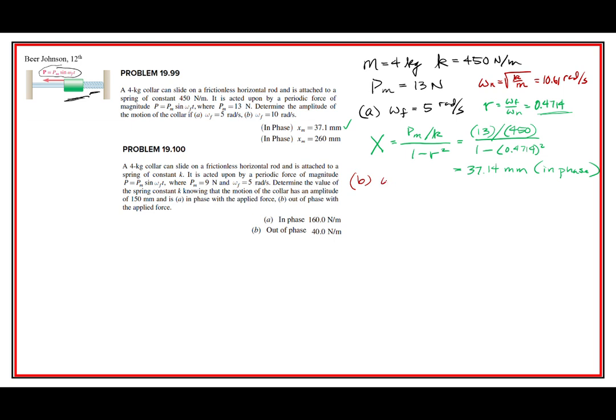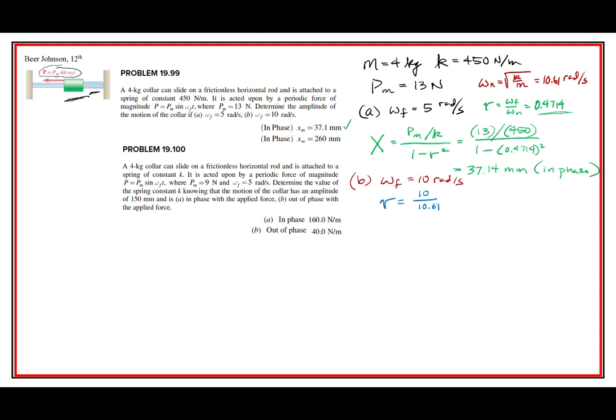And now we're going to have omega F equal to 10 radians per second. So our r is going to be 10 over 10.61. Is that true? I'm trying to think right here. Yeah, it's still true.